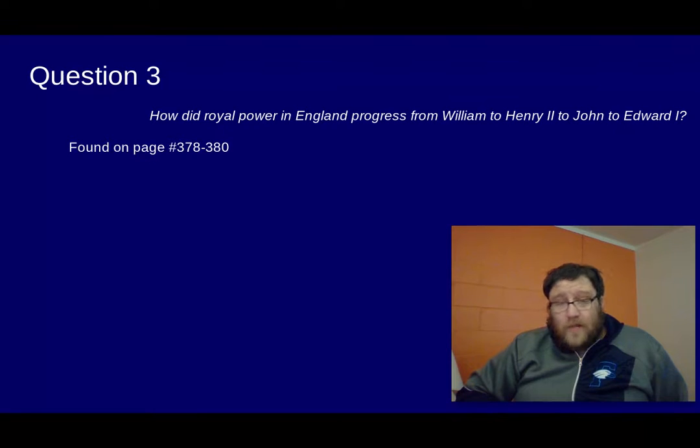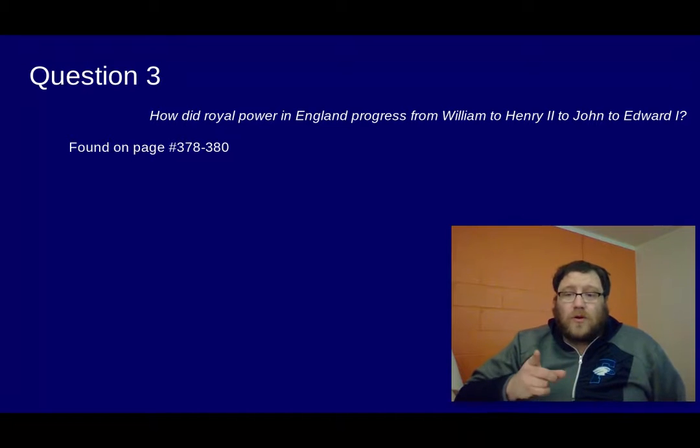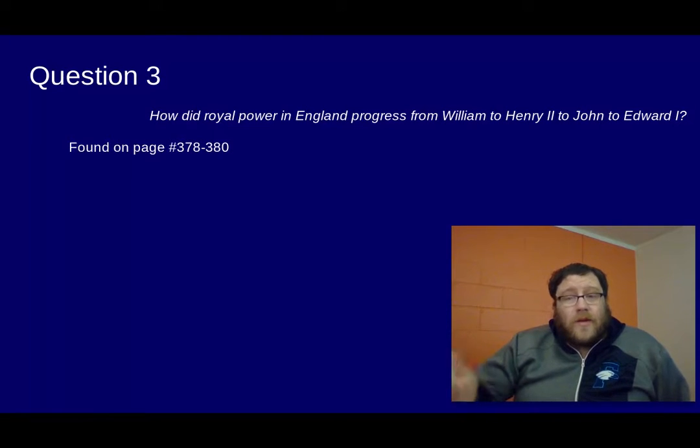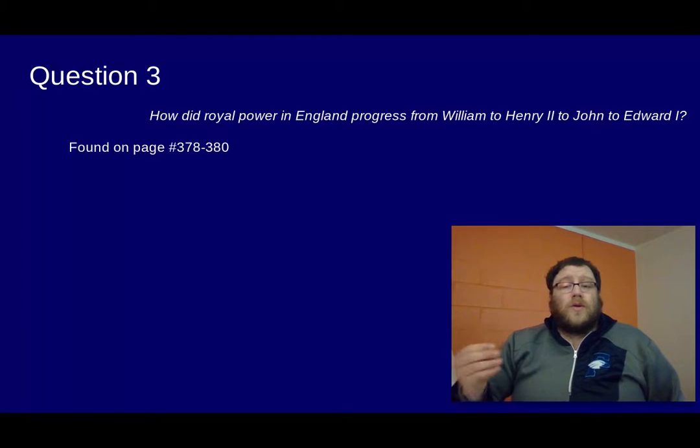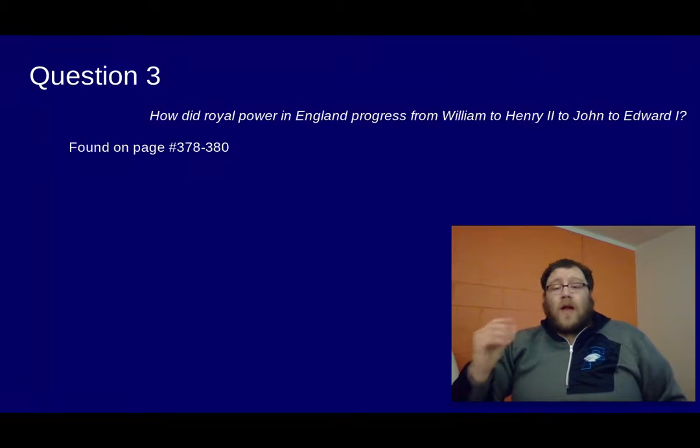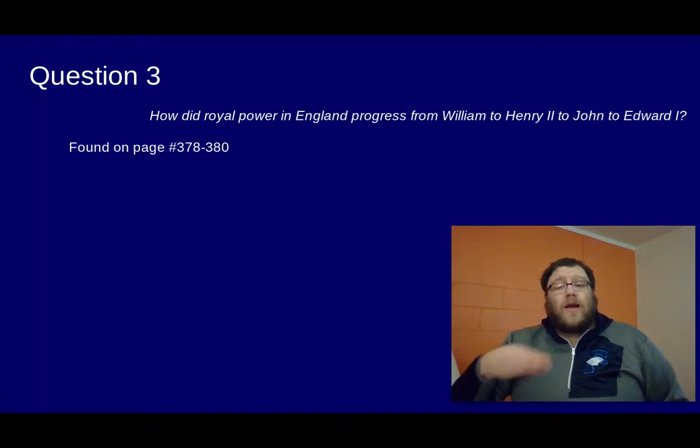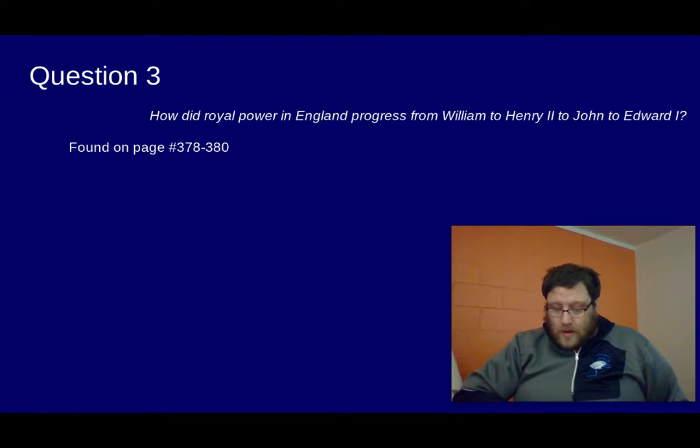What's kind of unique about what William did was that he forced every person and animal to be counted, and they called this the Domesday Book. But really, why he did this was that he wanted to figure out how many people were out there, account for everyone, so he could start to collect taxes.